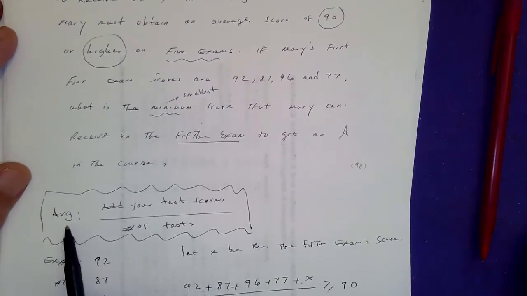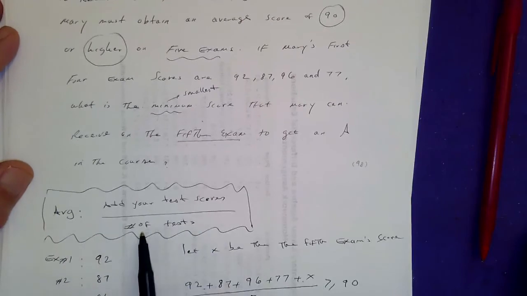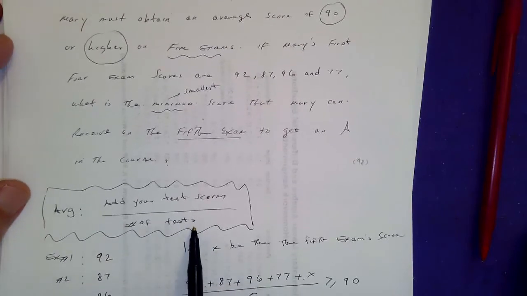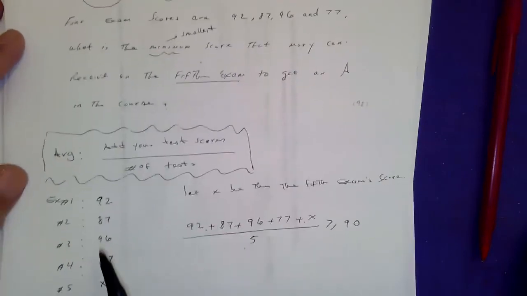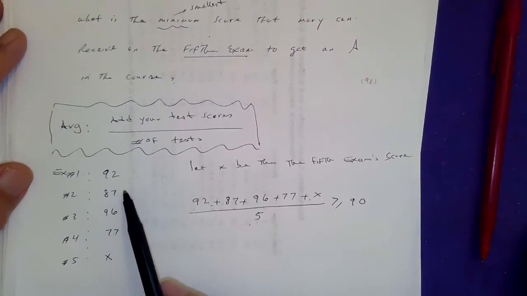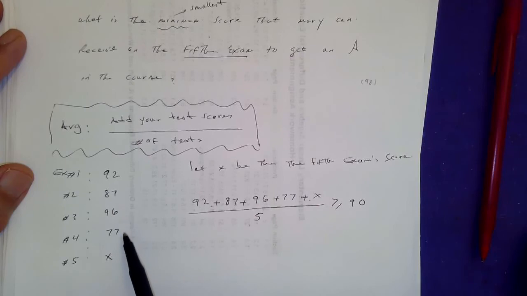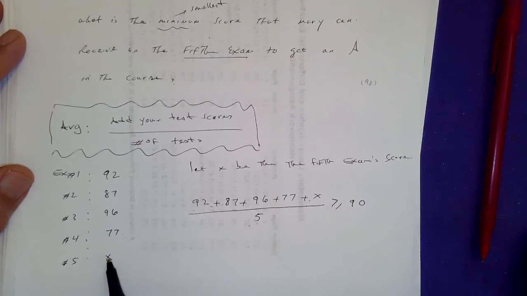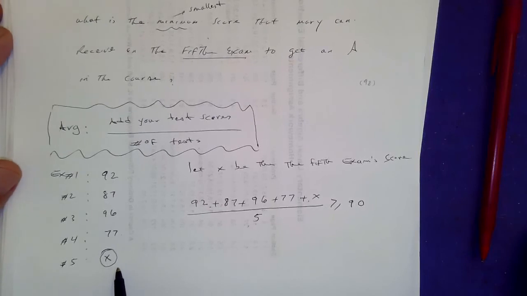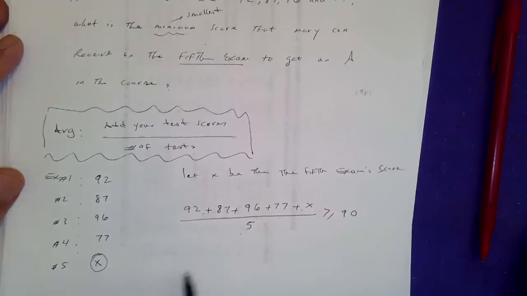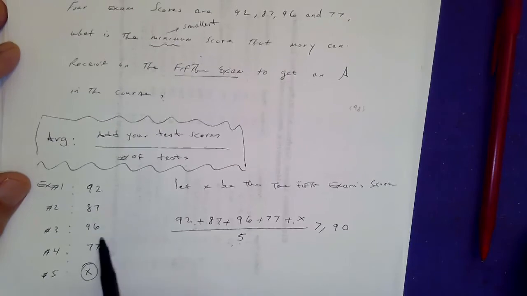Remember, to find the average, you add your test scores and divide by the number of tests. In our case, these are the scores on the first 4 exams: 92, 87, 96, and 77. But the score on the 5th exam, that's what we're trying to find out. So we add all the scores.